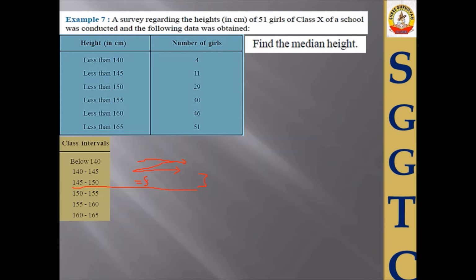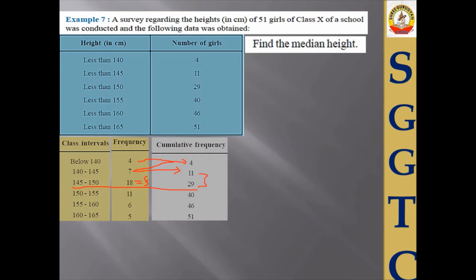Below 140 means 140 to 145, next 145 to 150, and so on. The number of girls: the first frequency is 4, the second is 11 minus 4, which is 7. The third is 29 minus 11, so 18. The fourth is 40 minus 29, which is 11. The fifth is 46 minus 40, and the last is 51 minus 46. All added, the total is 51.